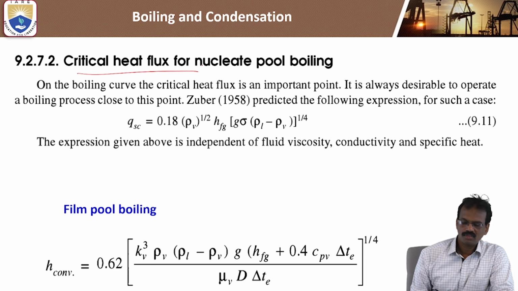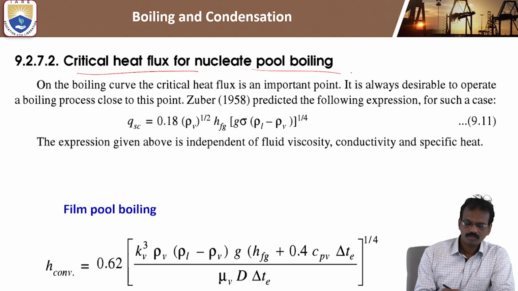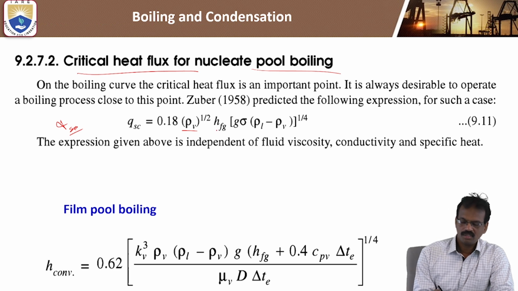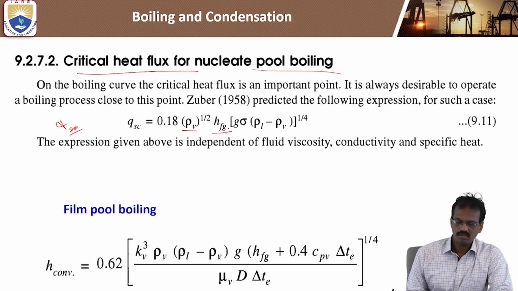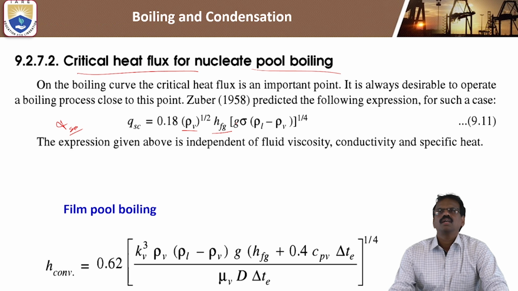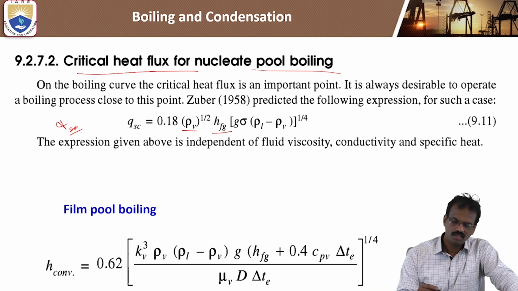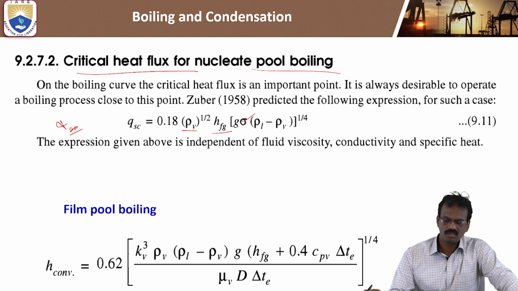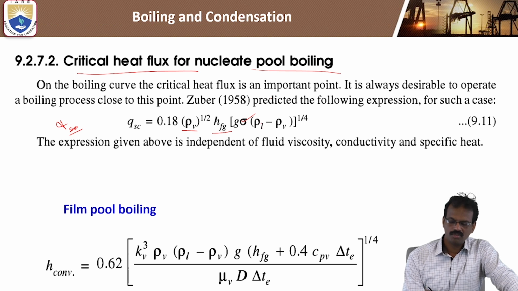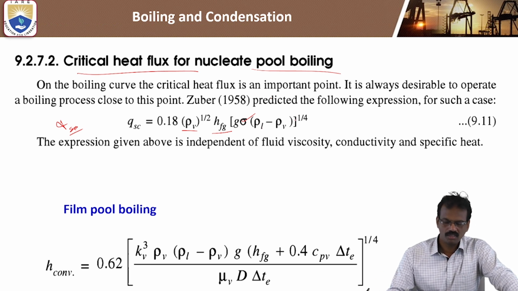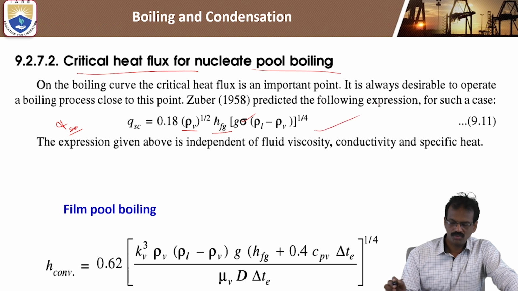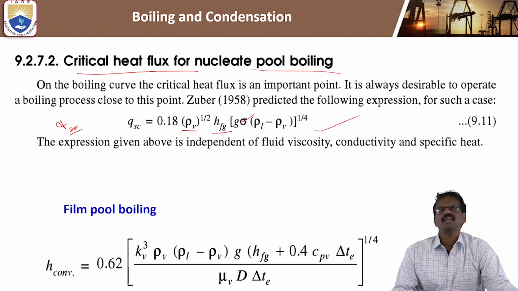So this is the formula for the critical heat flux in nucleate boiling: q max equals 0.18 times rho V, the vapor density, times HFG, the enthalpy, times the quantity sigma times g times (rho L minus rho V) all to the power 1 by 4, where G is the acceleration due to gravity, sigma is the surface tension, and rho L is the liquid density. By using this formula you can find the critical heat flux.